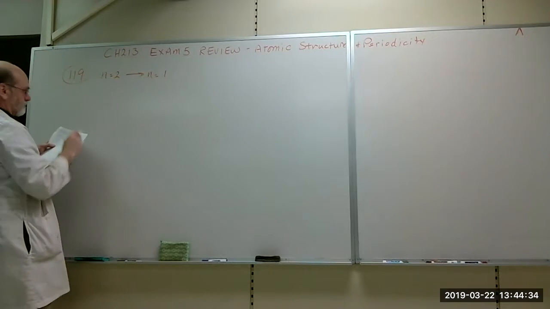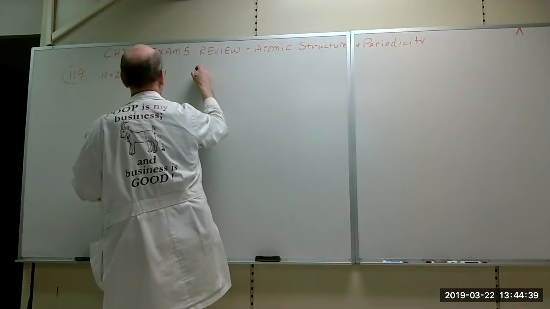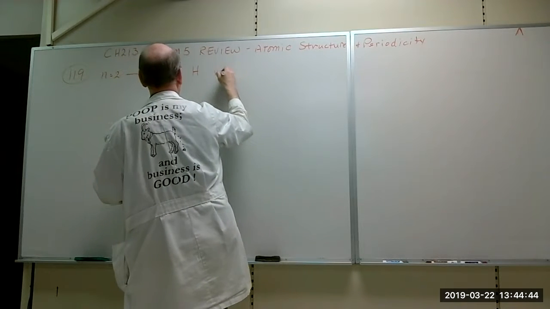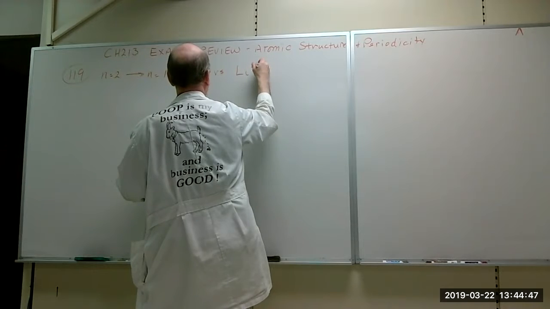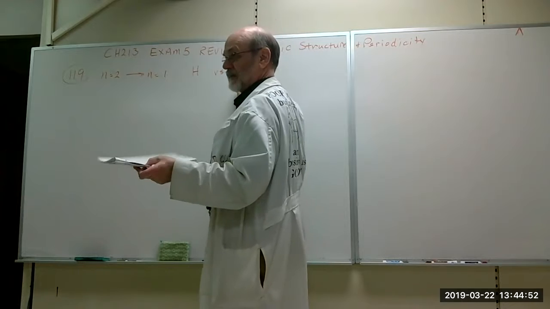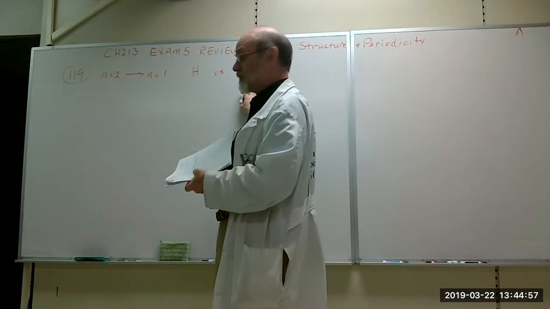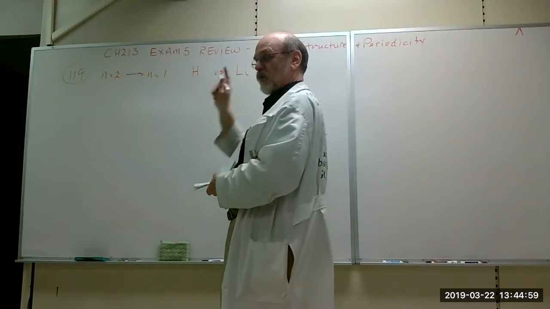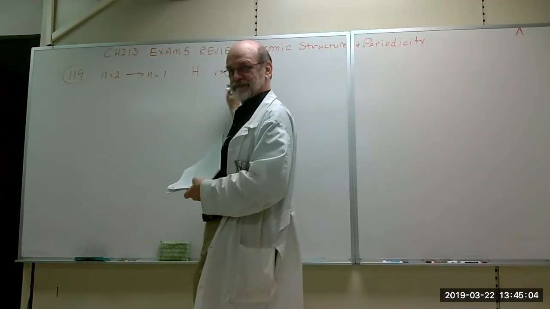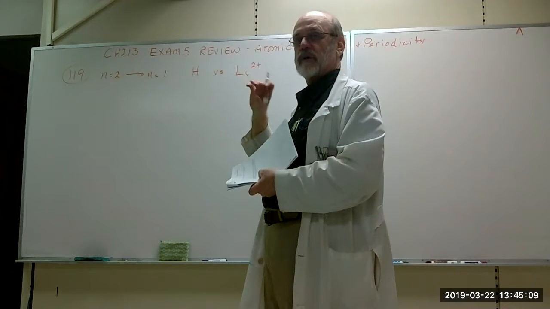And we want to compare the transition for hydrogen versus lithium 2 plus. That's important because this is hydrogen-like. Lithium has 3 electrons. If it's a 2 plus ion, it only has 1 electron left. So we're comparing apples and apples. 1 electron. But the Z value, the atomic number, will be different.